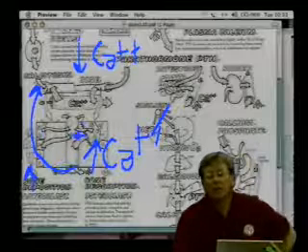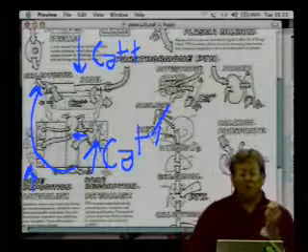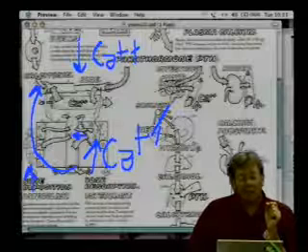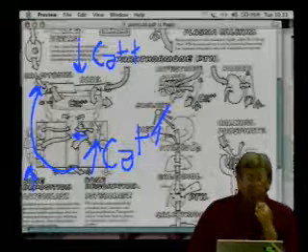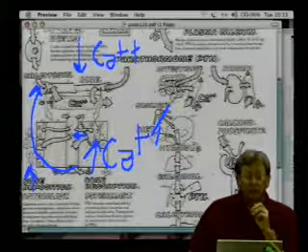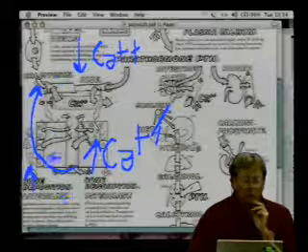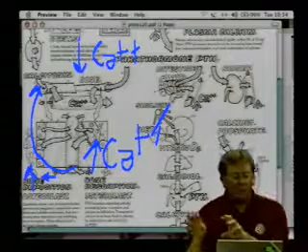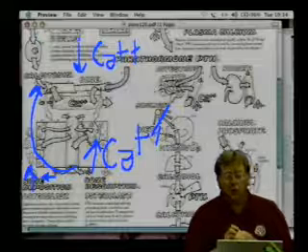Bone deposition is under the control of the balance between two groups of cells, osteoblasts and osteoclasts. Osteoblasts are cells that tend to build bone. So these cells are stimulated by calcitonin. So lots of calcium floating around the blood, the osteoblasts take the calcium out of the blood and deposit it in the bone. In contrast to that is bone reabsorption.